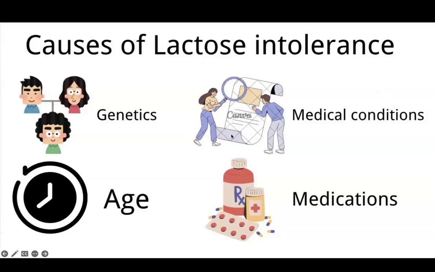Some medical conditions such as intestinal problems, celiac disease, and inflammatory bowel disease can also cause lactose intolerance. Medications. Some medications such as antibiotics, anti-seizure medications, and cancer drugs can damage the intestinal lining or decrease the amount of lactase in the body, leading to lactose intolerance.